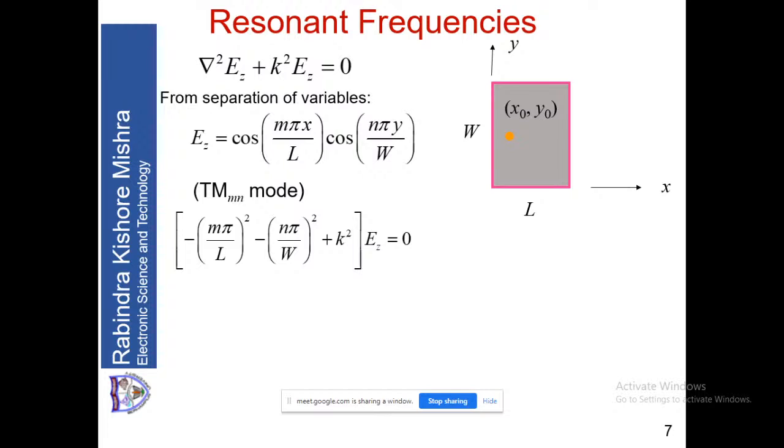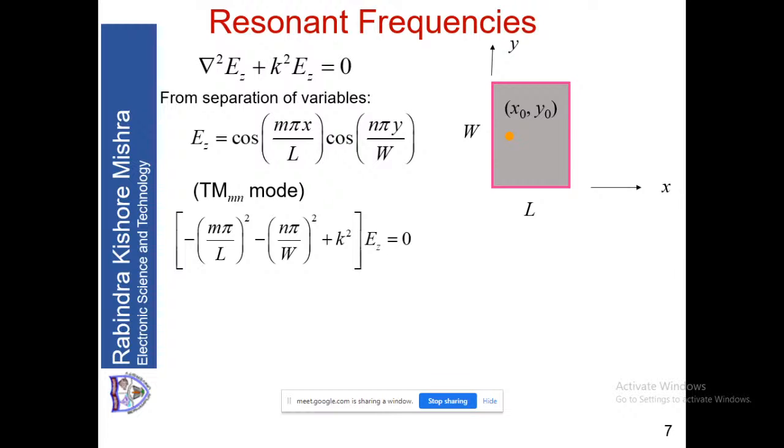If Ez is equal to 0, the field is 0, everything is 0, so it is not an antenna. So Ez cannot be 0. So what will be 0? (m pi by L) square plus (n pi by W) square minus k square will be 0.